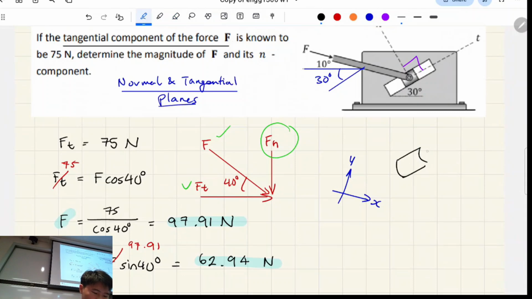I'm going to try to draw in 3D. We have this slidey bit, which is free to slide up and down, right? So that's actually called the tangential direction. But it's resisting in the normal direction here. There's a reaction that's happening due to this force, in the normal direction. Hope that makes sense.